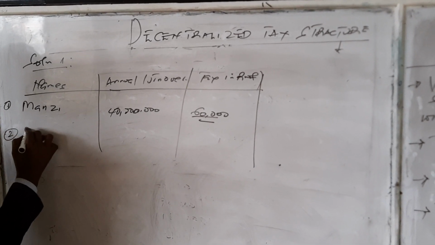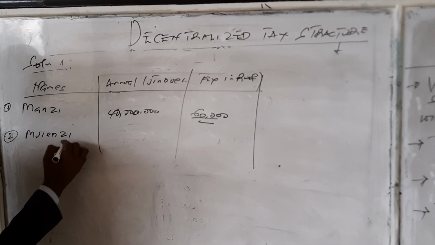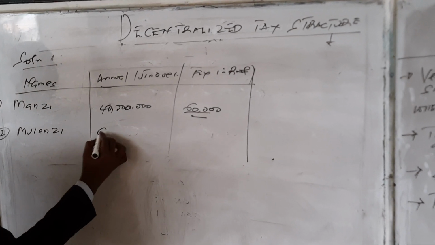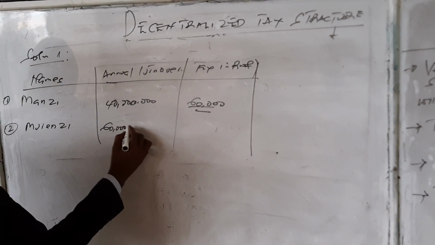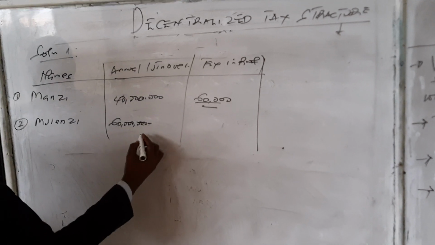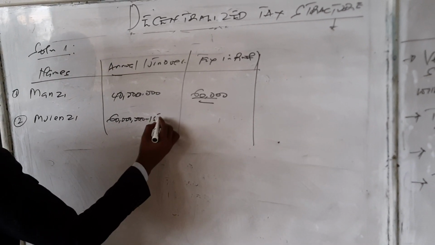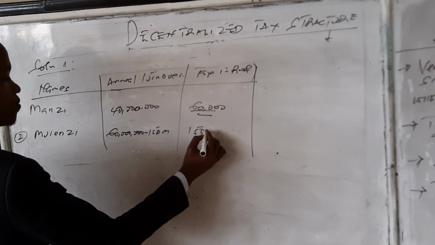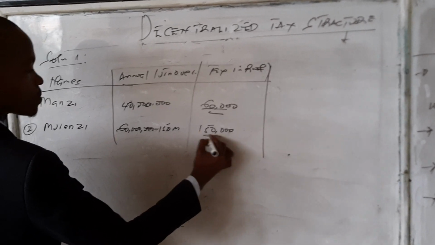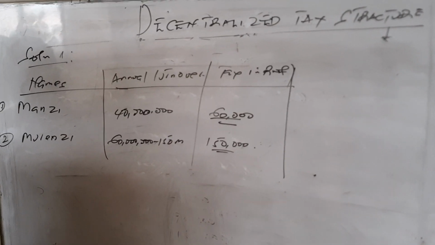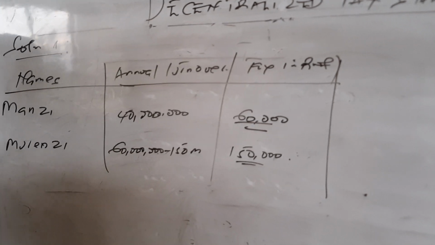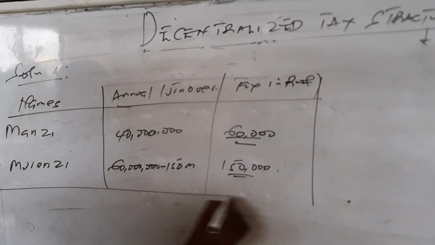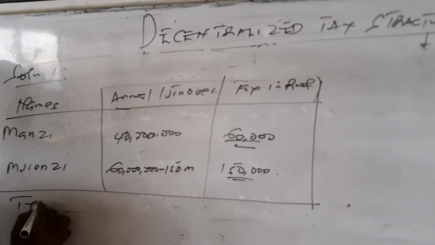The next is Murenzi, whose turnover is ranging between 60 million to 150 million Rwandan francs, and this one has to pay 150,000. So let's look at the types of activities.